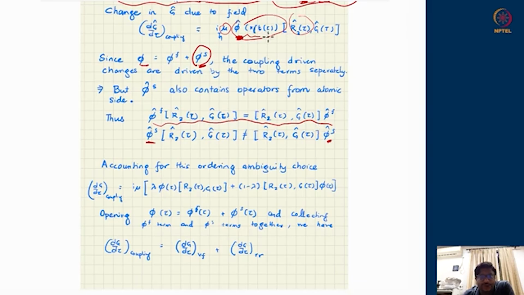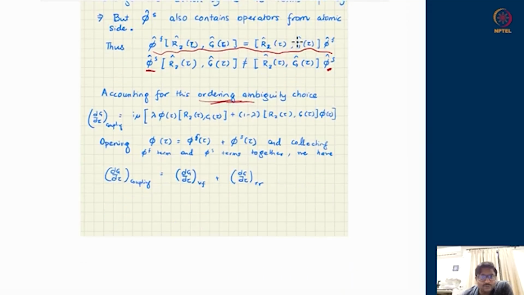So therefore, we do not know which way to write. Either I write here or I write there, or some 30% here, 70% there. So some operator ordering ambiguity arises out of it. Which way to write this product? So we do ad hoc splitting. Lambda fraction of that is written on the left, and 1 minus lambda fraction is written on the right. Lambda could be chosen any number depending upon what observations nature tell us. So a priori there is no way to know as of now which way I should split.